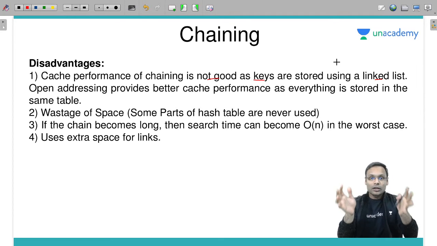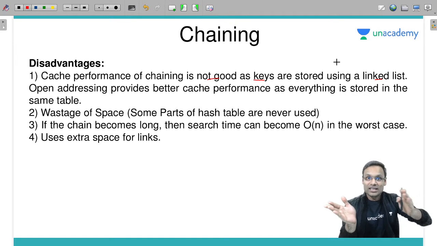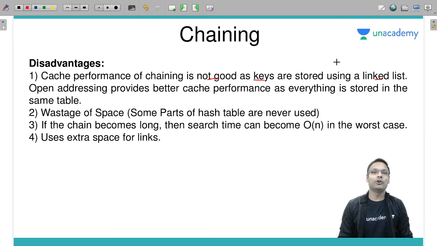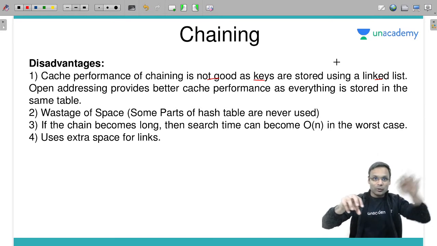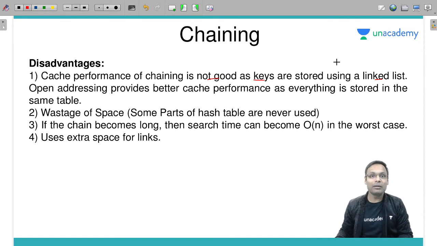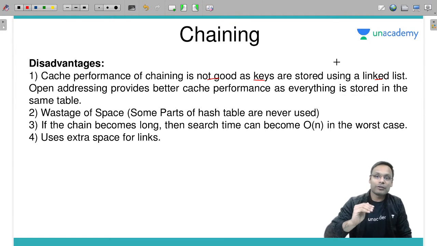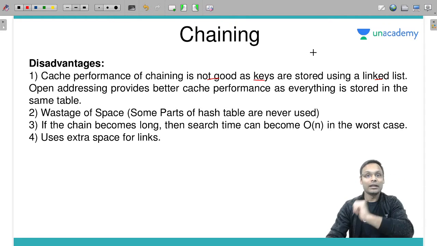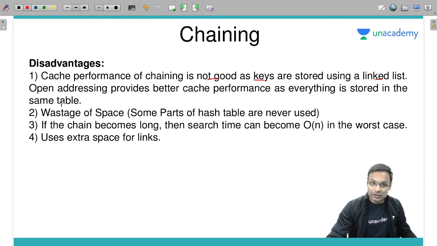So if we want 4, 5, 10, 15 keys to be in the same cache block, that will not be possible. The keys will be distributed in the main memory. Because of that, cache performance will not be good. Spatial locality of reference will not perform great just because the keys are distributed on different places in the main memory, right?